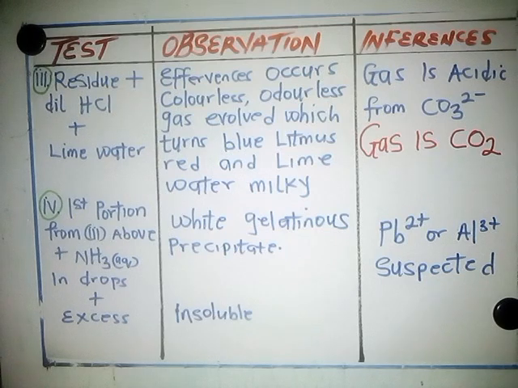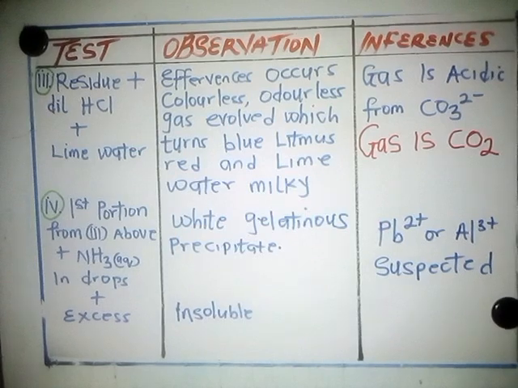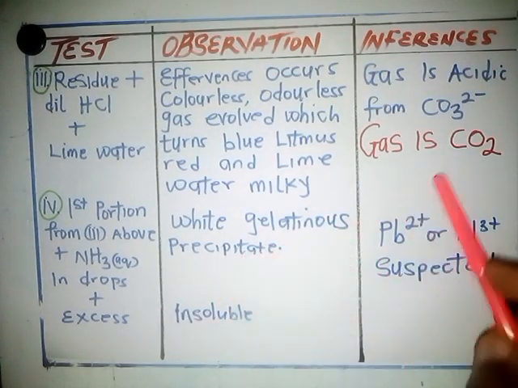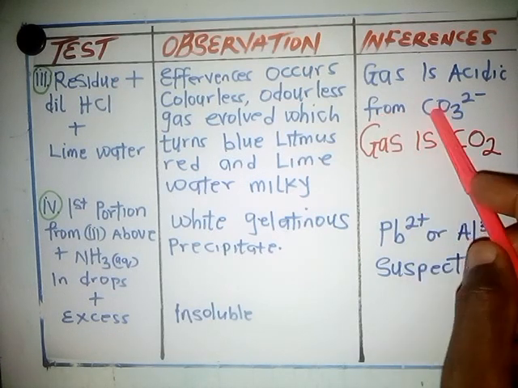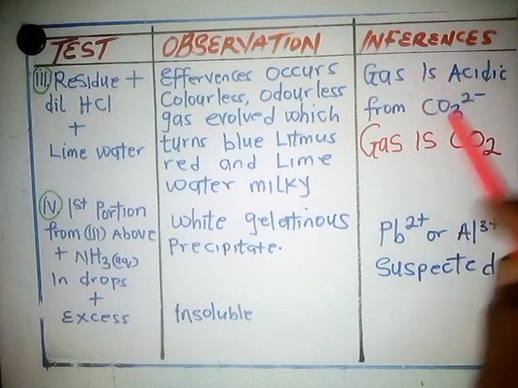So that's a mistake. So part of the inference, since it turns blue litmus paper red, that's an acidic gas. That's why I said gas is acidic. But again, you have to say gas is CO2 from CO3²⁻. This is supposed to be on top of here, right? So this is a mistake.